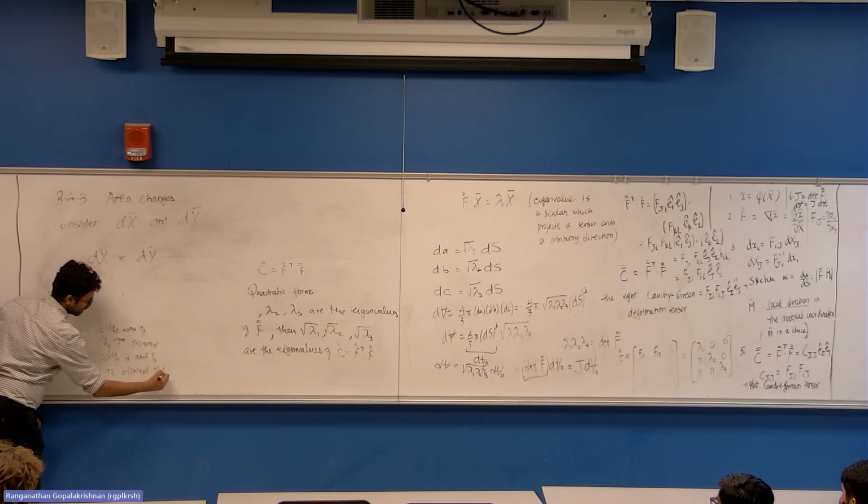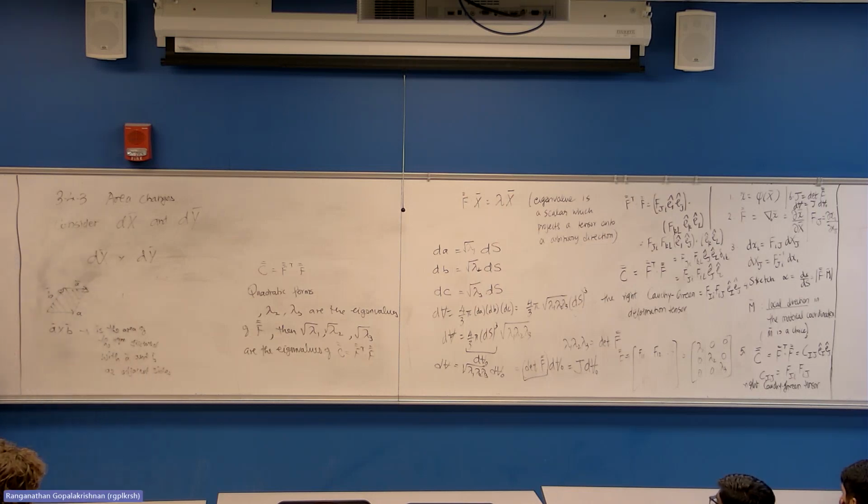You would have learned this in high school. We use the right hand rule: if you rotate A by an angle theta in the counterclockwise direction, you get B. The orientation of this vector should be drawn coming out of the board. So A cross B represents this area.